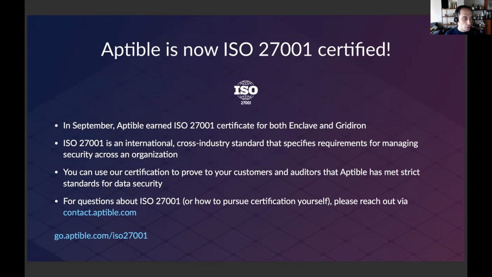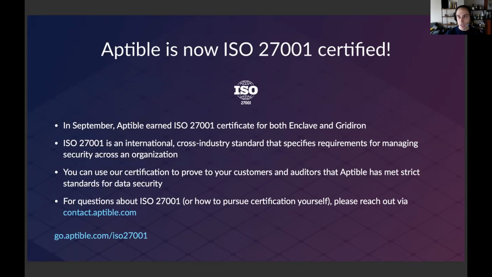What this means for you is that you can use Aptible's ISO 27001 certification to prove to your customers, your auditors, any regulators that Aptible, your hosting platform, has met strict standards for data security. If you have any questions about ISO 27001 or are interested in pursuing ISO 27001 certification yourself, please reach out to us at contact.aptible.com.